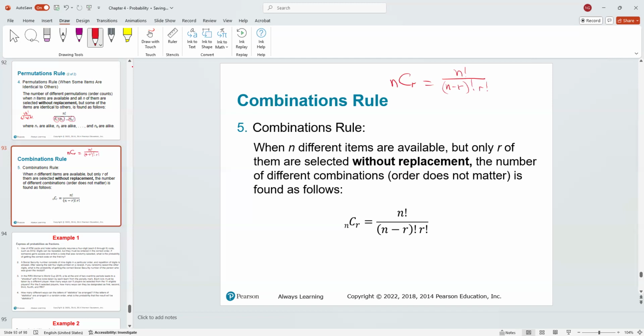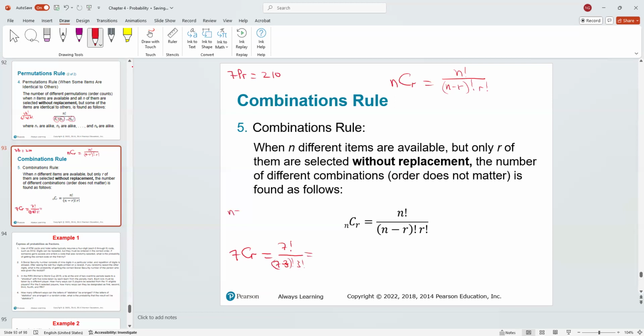For example, if we take the same one we did for permutation, remember if you do 7P3, we found it was 210. But if you do combinations, 7C3, that means 7 factorial over (7 minus 3) factorial times 3 factorial.